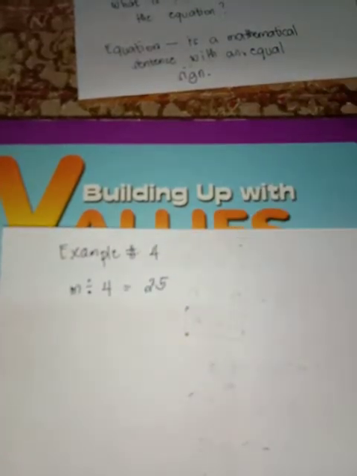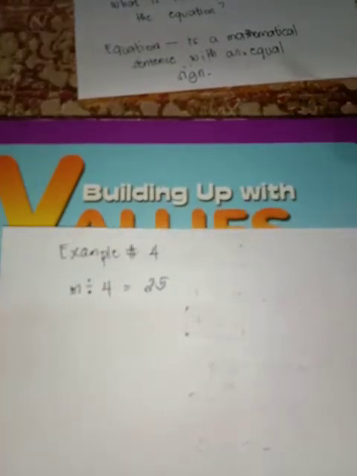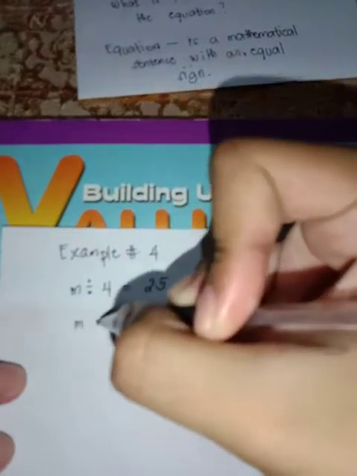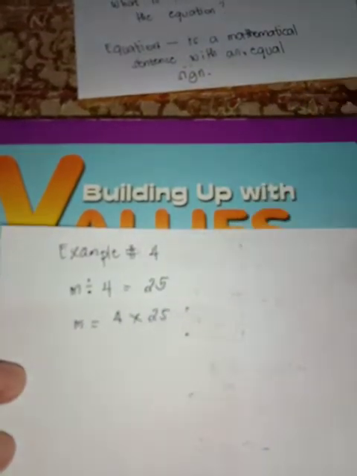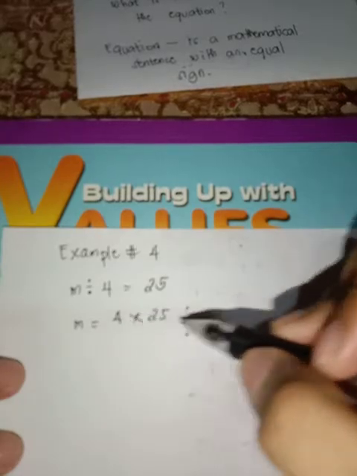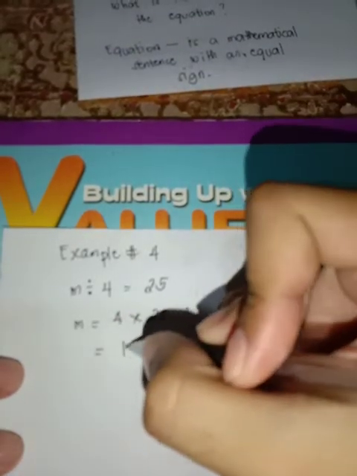The inverse operation of division is multiplication. So therefore gagamit tayo ng multiplication. So m is equals to 4 times 25. Oops, nabaligtad ko. Okay, pwede na rin yan. So 4 times 25, we have 100.